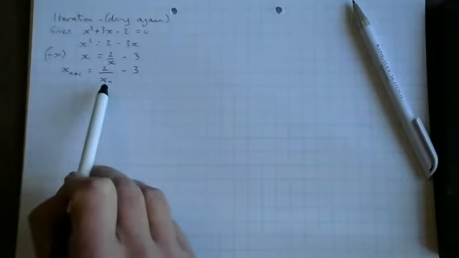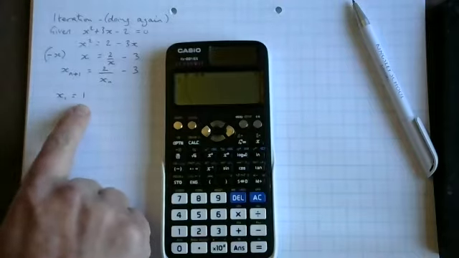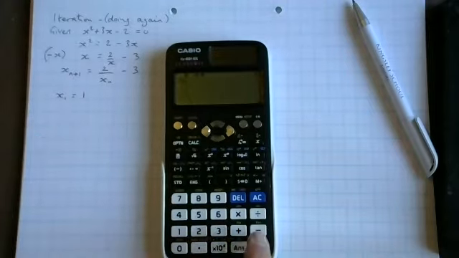On your calculator, I'm going to do an iterative process, so I want to not have to do too much typing. 1 equals. Now the calculator knows that 1 is the answer.